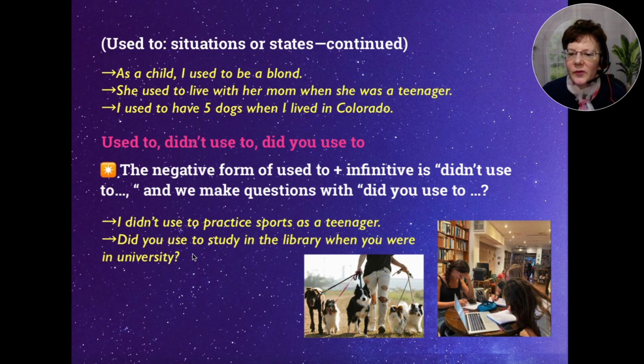So, for example, I didn't used to practice sports as a teenager. So we didn't do this, right? Then when we got older, we did this, practice sports. And then the question, did you used to study in the library when you were in university?